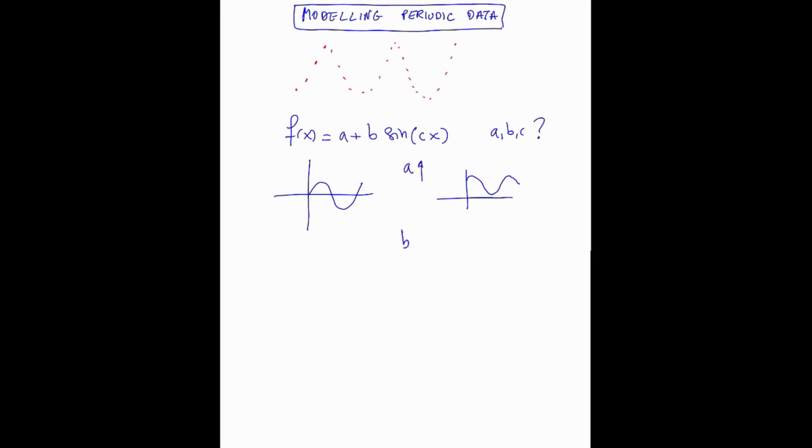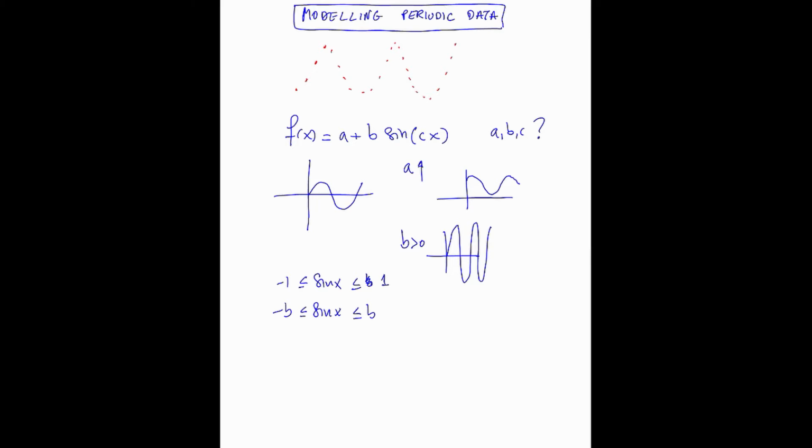B, what it does is, the sine goes from -1 to 1. So b makes the sine go from -b to b. So it makes this wave bigger or smaller, depending on whether b is greater than 1 or not. Let's take b positive.